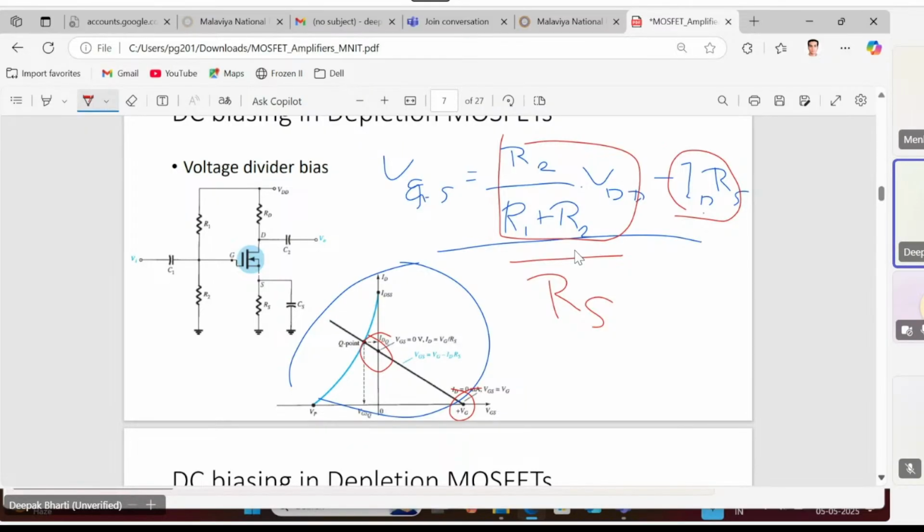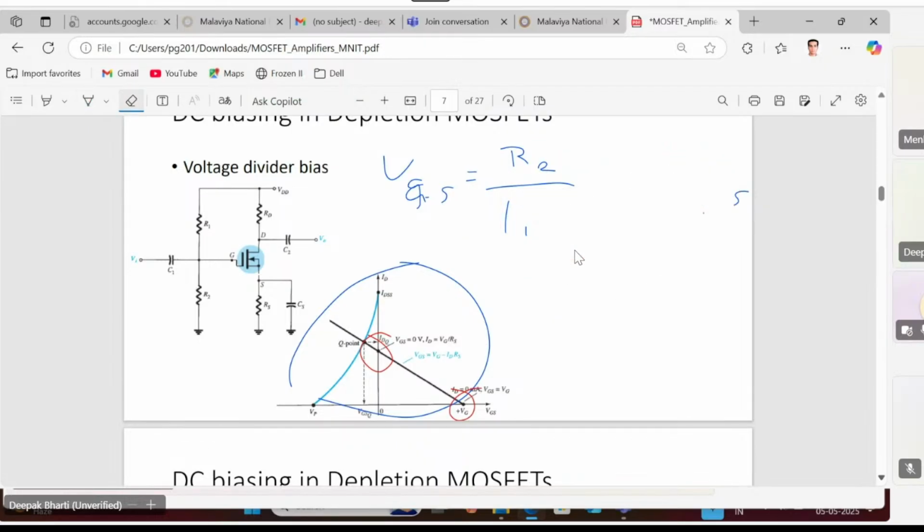So one example I can show: the complete characteristics of the depletion MOSFET is something like this. The slope of the load line is also determined by the value of the resistive components only.